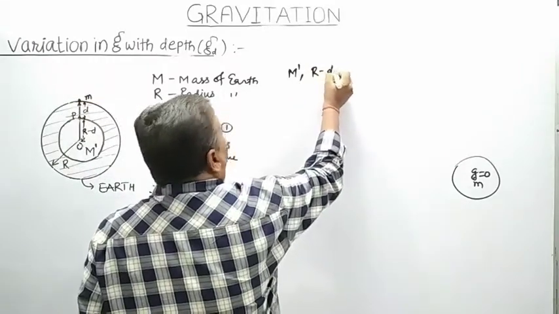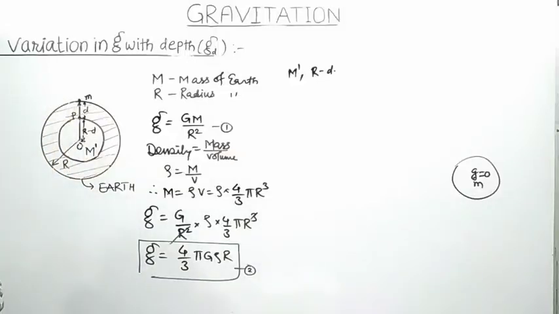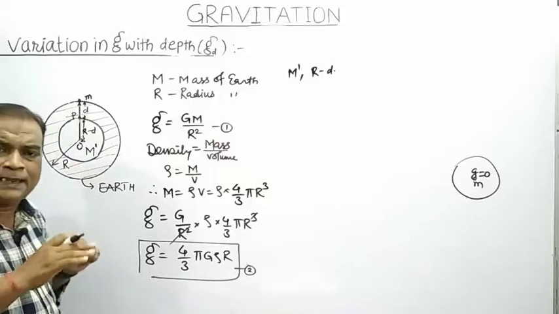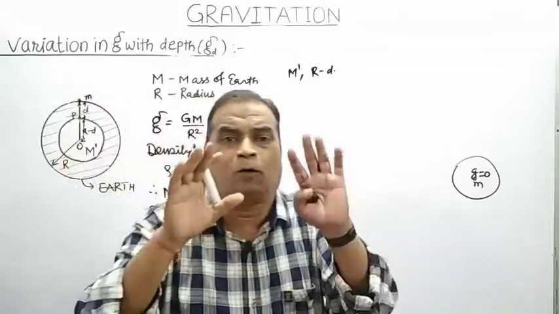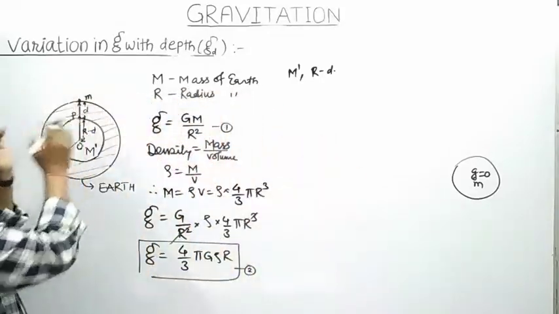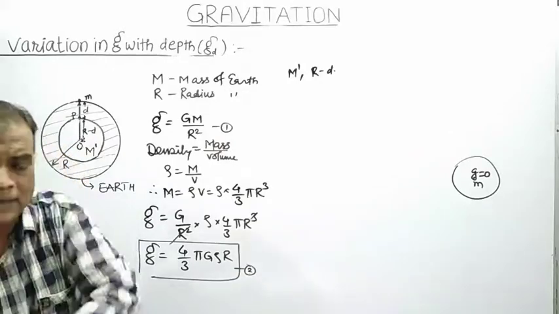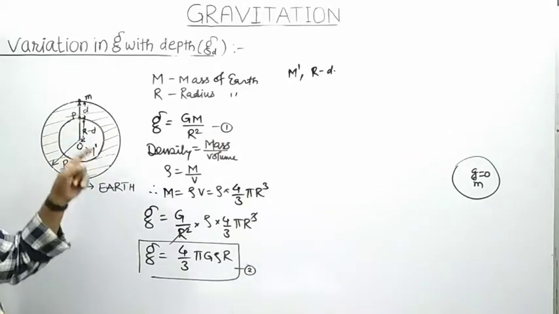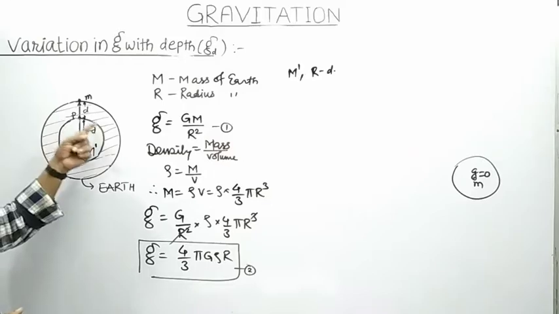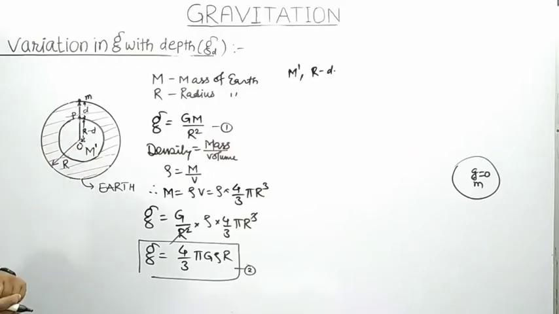So when the particle is at a point P, the gravitational force acting on that particle is only due to the material of the inner sphere, and hence what is the mass of inner sphere? M dash. What is the radius of inner sphere? R minus d.